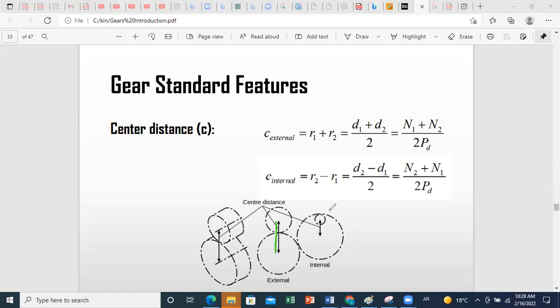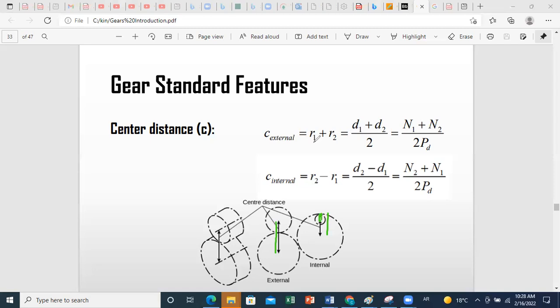While if you have internal gears, then this distance will be the difference between the pitch radii of your gears. So it's the external pitch radius minus the internal pitch radius.